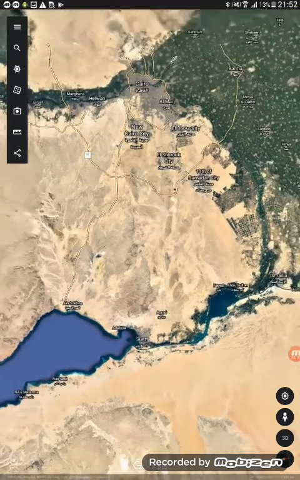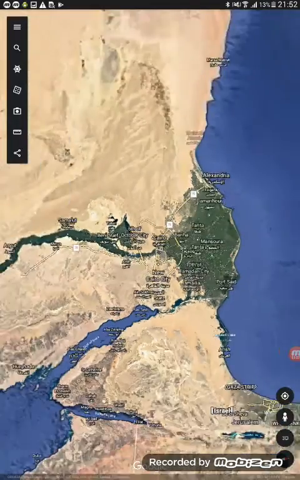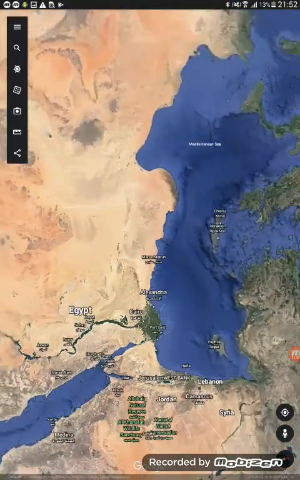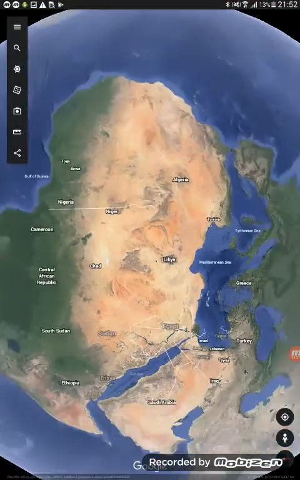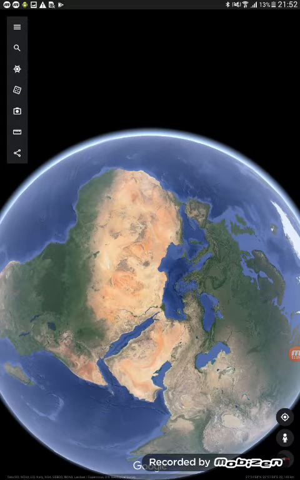Let me tell you guys about some of the interesting things about the Suez Canal. The main reason for the construction of the Suez Canal was, now let me zoom out. Over here we can see Europe, on the top of Africa, a small part of land.